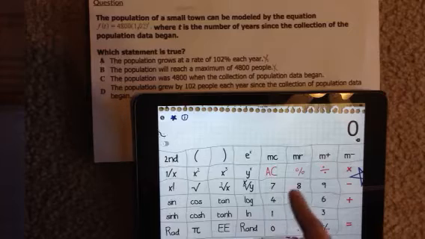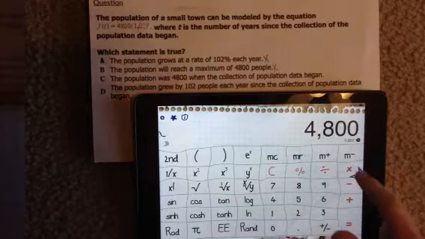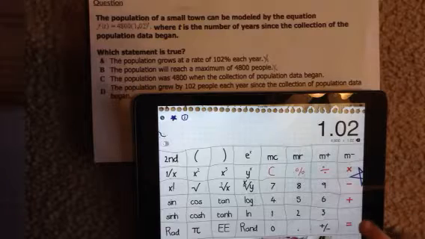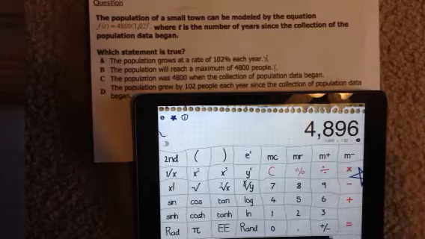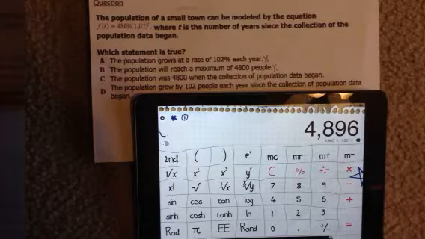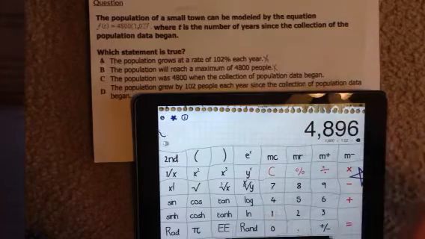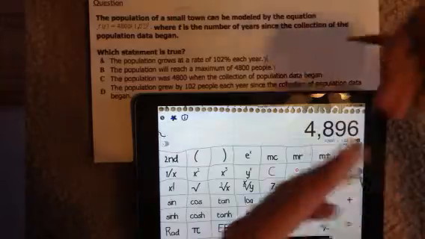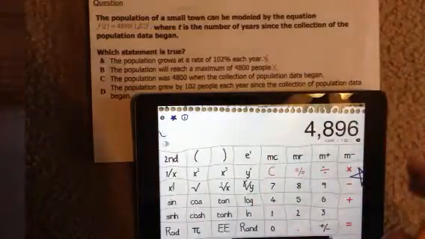So 4,800 times 1.02 equals 4,896. So that's how big the population would be after just 1 year.